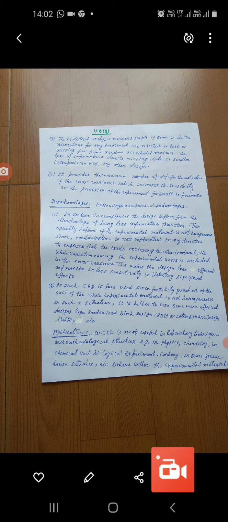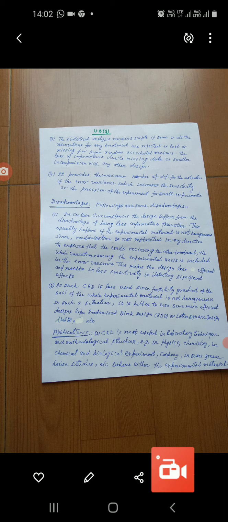Means if some information is lost, then the statistical analysis remains simple. The loss of information due to missing data is smaller in comparison with any other design. This is the most important advantage of this design.